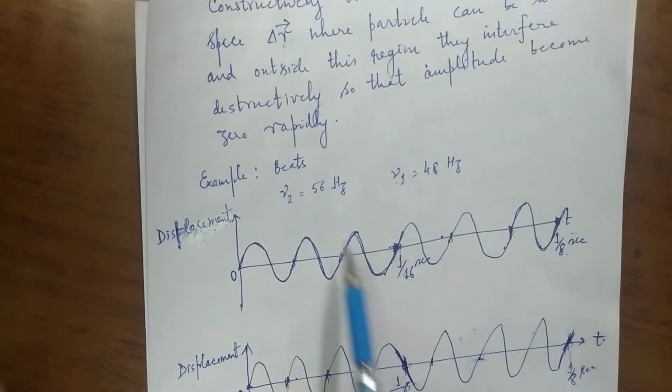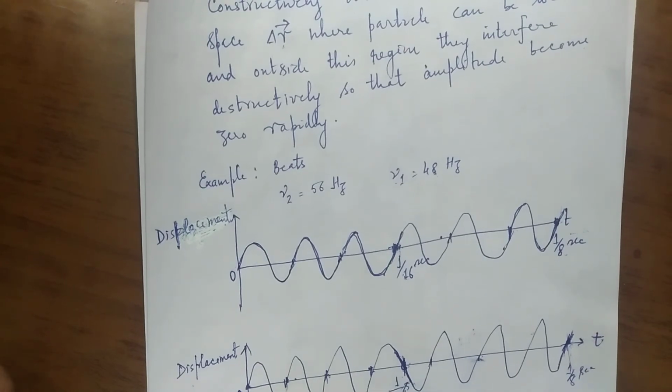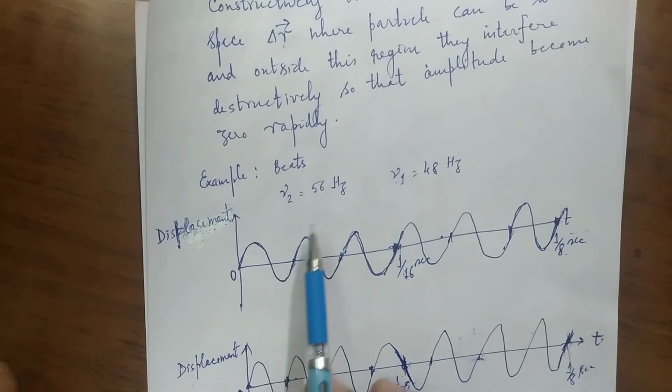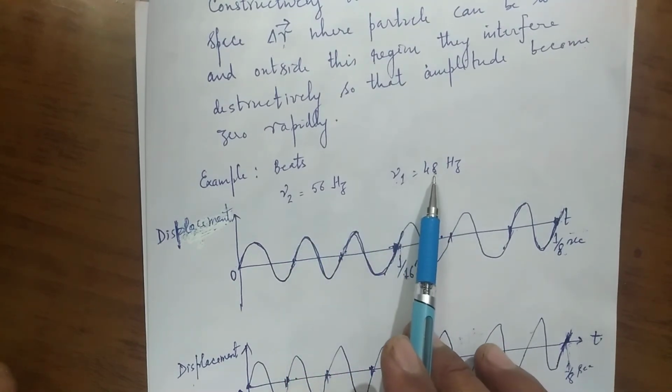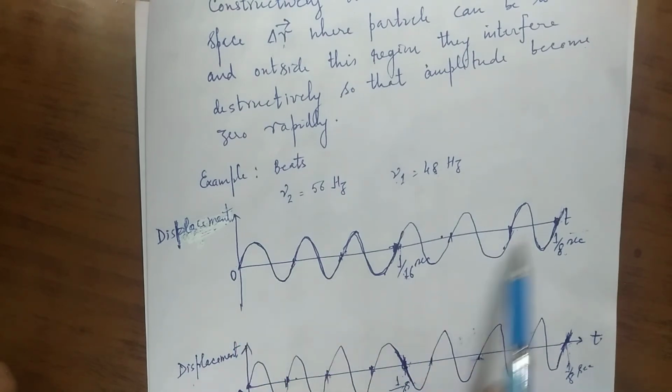According to the phenomenon of beats, when two sound waves of nearly the same frequency superimpose, the intensity of the resultant wave becomes alternately maximum and minimum. Here we have taken the two waves of nearly the same frequency, 58 and 56 Hz, and we have plotted them graphically here.